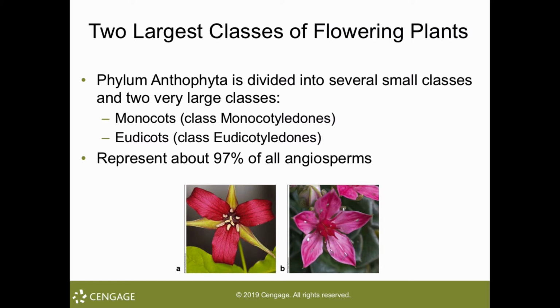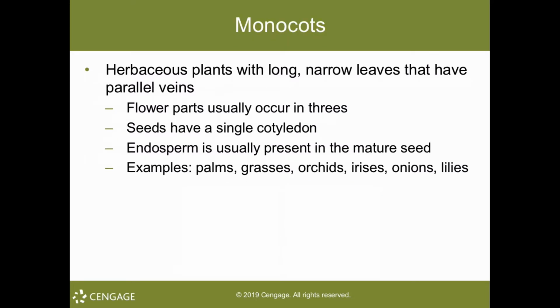Monocots include things such as the palms, the grasses, orchids, irises, onions, and lilies. Monocots, by and large, are mostly herbaceous plants, with long, narrow leaves that have parallel venation, parallel veins: one main leaf vein, and the other veins run parallel to one another. Monocot flowers typically occur in multiples of threes.